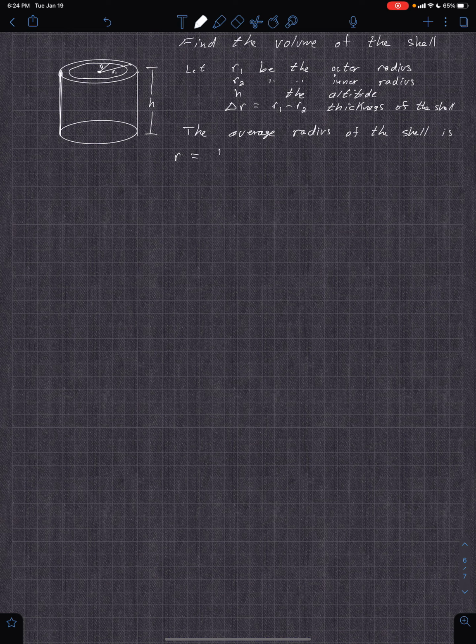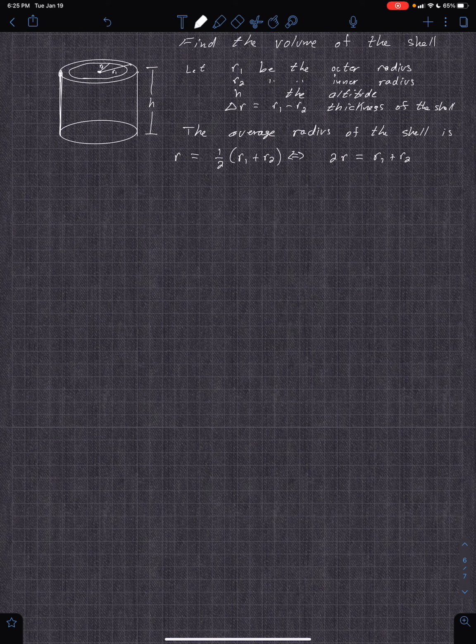R is 1/2 (R1 plus R2). And then we're going to simplify this, and I'm just kind of going for it here because I want you to see what's happening. That's going to be R1 plus R2. And then you'll see we're going to make a substitution later for when we see R1 plus R2. Okay, so keep that in mind.